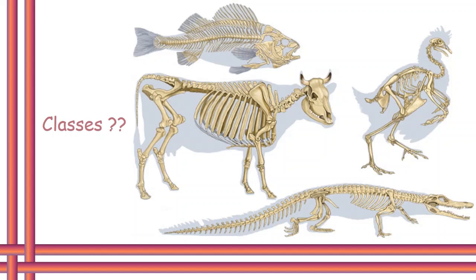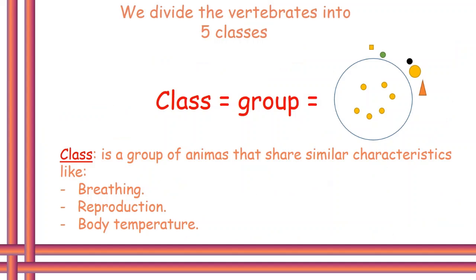What is the meaning of class? We will learn that we will classify the animals into classes. So what is the meaning of class? We will divide the vertebrates into 5 classes. But class itself means a group that has similar items.